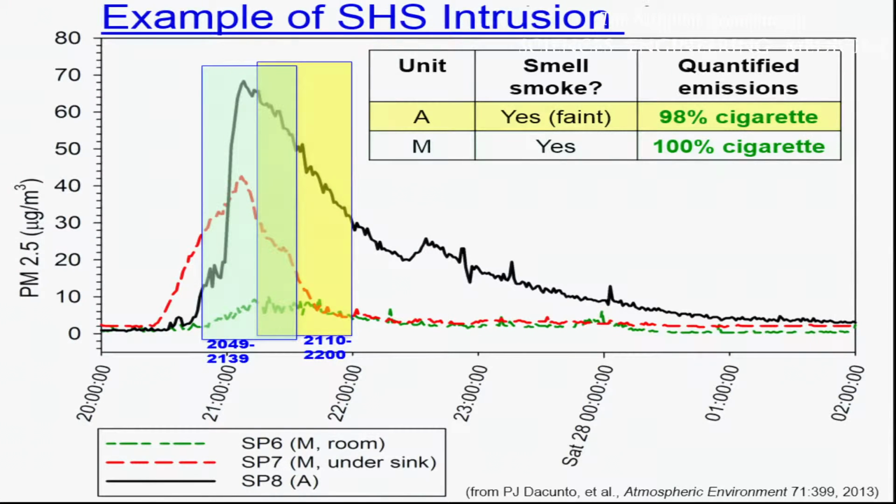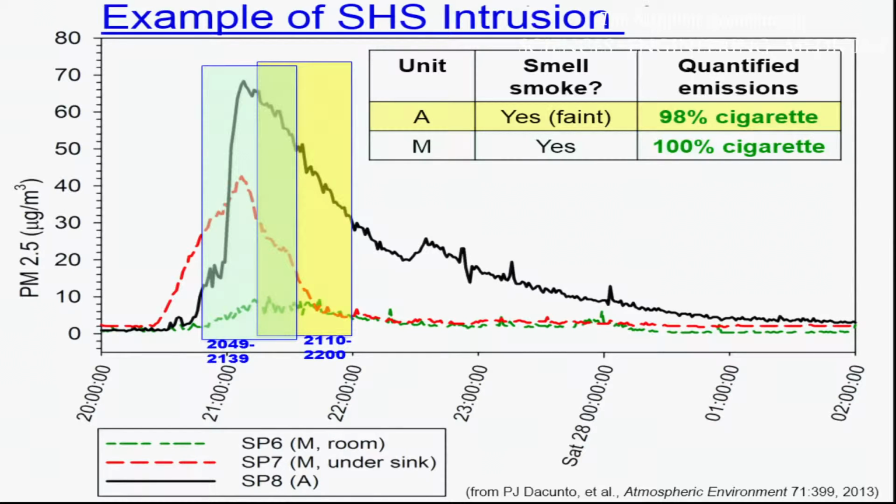What you see here in these measurements is that before those shaded boxes was what the background concentration of particles were in these two non-smoking units. We're down at just a few micrograms per meter cubed of PM2.5.